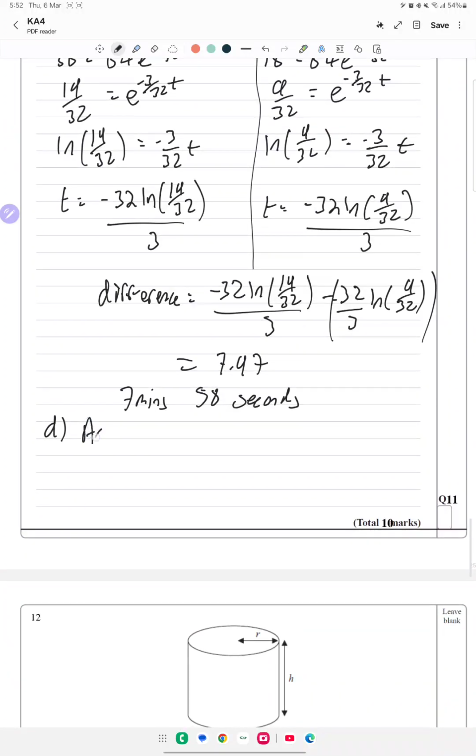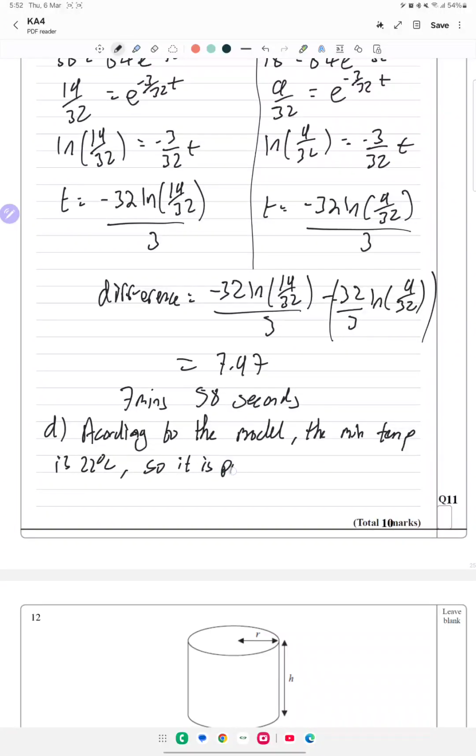Meaning, according to the model, the min temp is 22 degrees C.